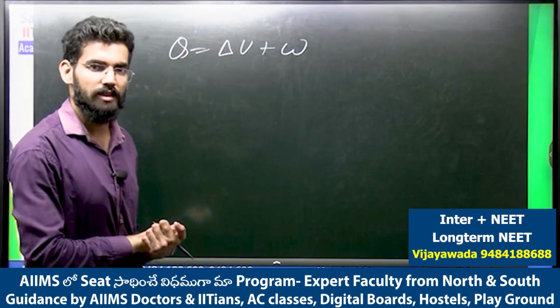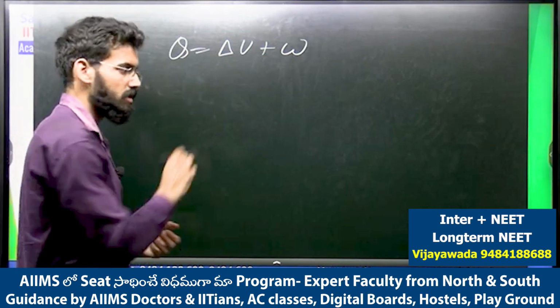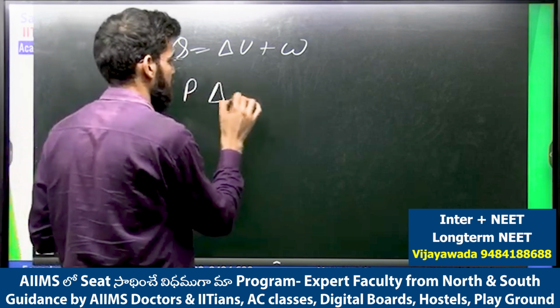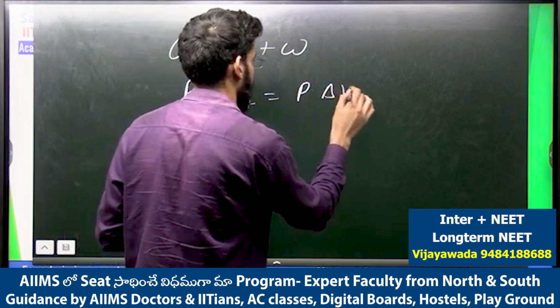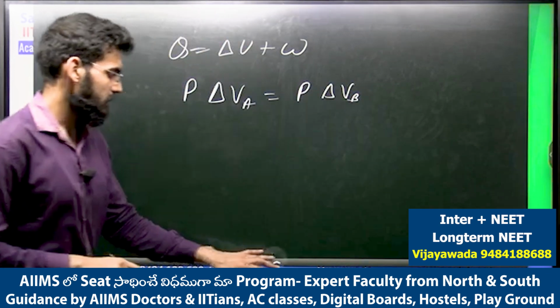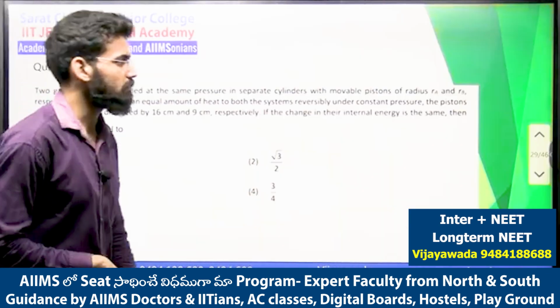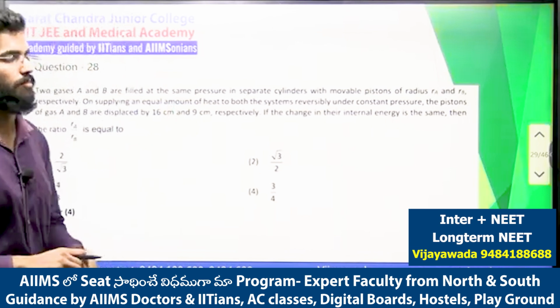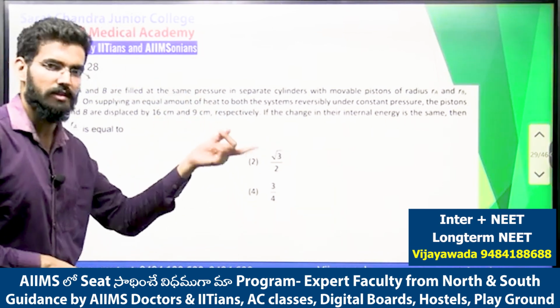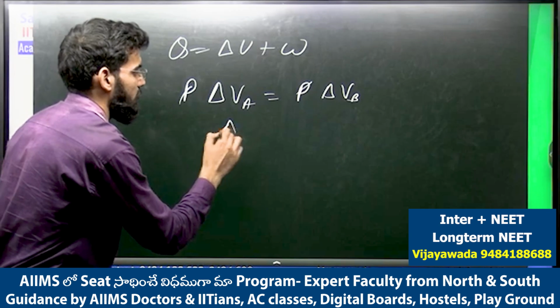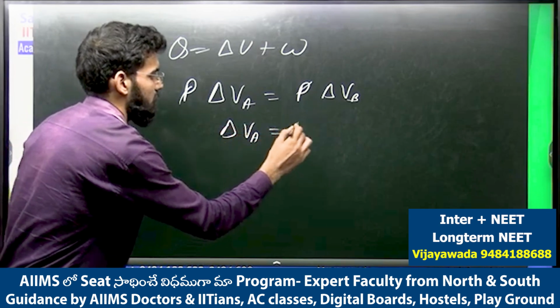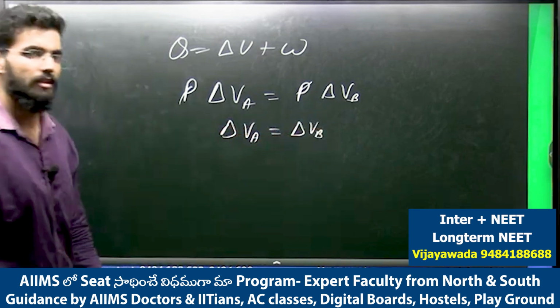At constant pressure, what is the work done? Work done is P delta V, change in volume in the A part and P delta V in the B part. And it was said the initial pressure is the same and you are keeping constant pressure, so pressure is the same on both sides. So pressure also cancels out, and the change in volume is the only thing here, delta VA and delta VB. How will you write the change in volume?